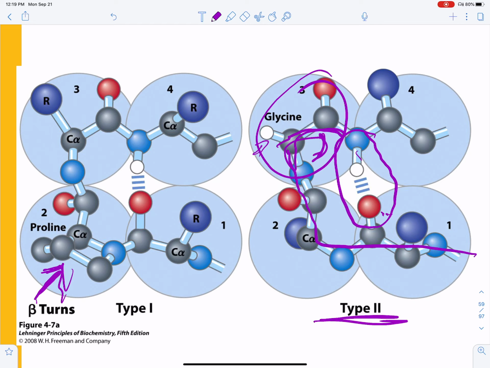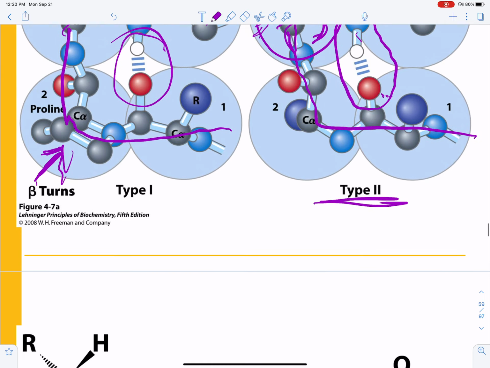Here, when you have a proline in cis, it actually causes a dramatic change in the direction of the polypeptide backbone. And so here, proline in cis, boom, it forces that chain to loop back around, and then again, you stabilize this beta turn by hydrogen bonding.